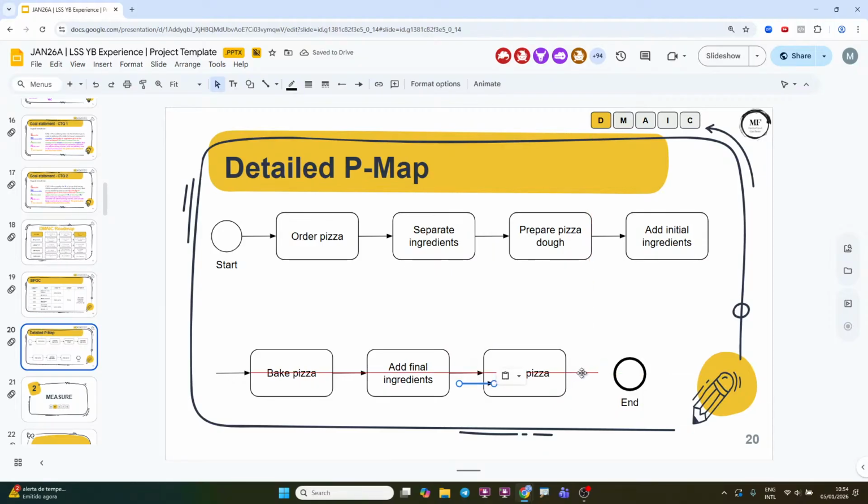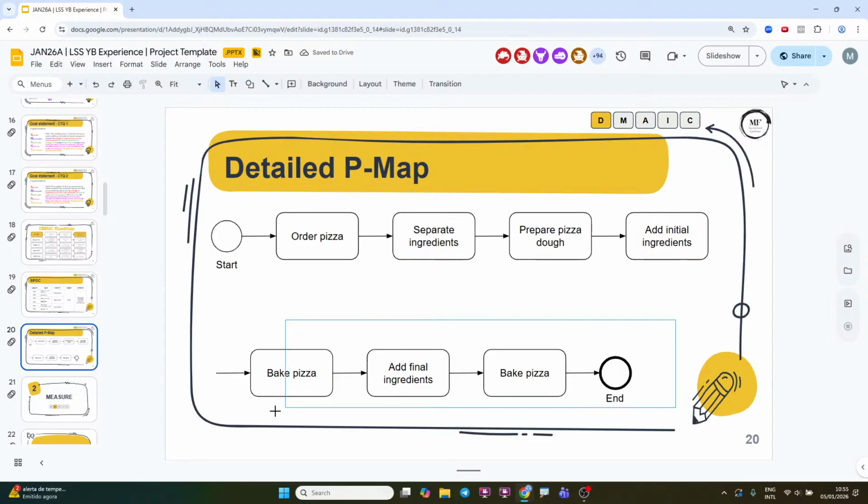And then with a process map, you will be able to understand how is your current state. We call this current state.